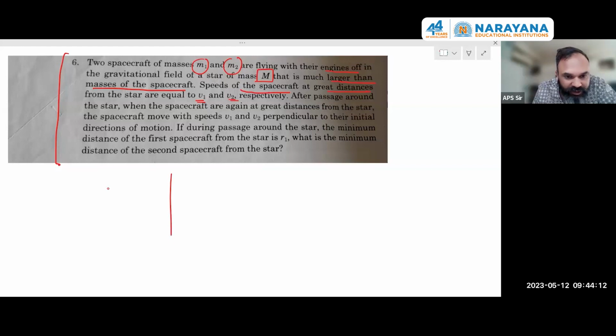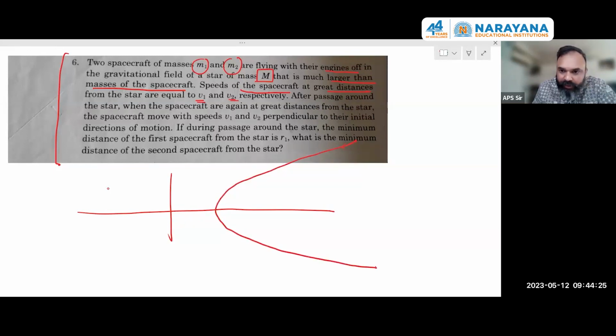So if I draw my XY plane, this star is coming from somewhere. It follows a hyperbolic orbit. It comes like this. It goes back like this.